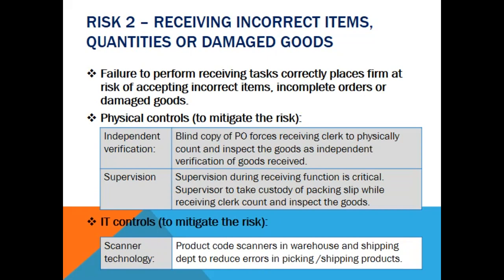IT controls may also be in use in terms of scanner technology. Product code scanners will reduce the risk of human errors in counting and inspecting the goods. When scanning, the system will verify that the items selected match those on the purchase order.